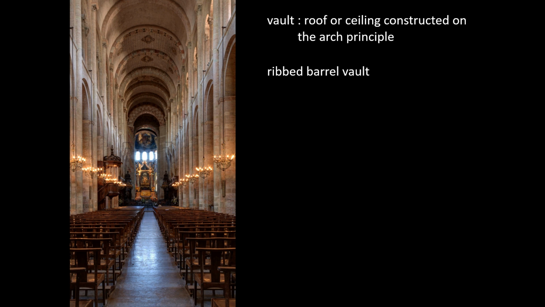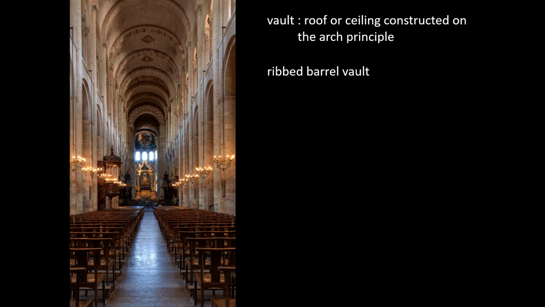So the ribs, think of your own ribs and how they function to support and give shape to your torso. Each one of these archways that you can see along the top of the barrel vault helps to even reinforce the weight more, to hold up that barrel vault ceiling and help with that distribution of weight down either side.